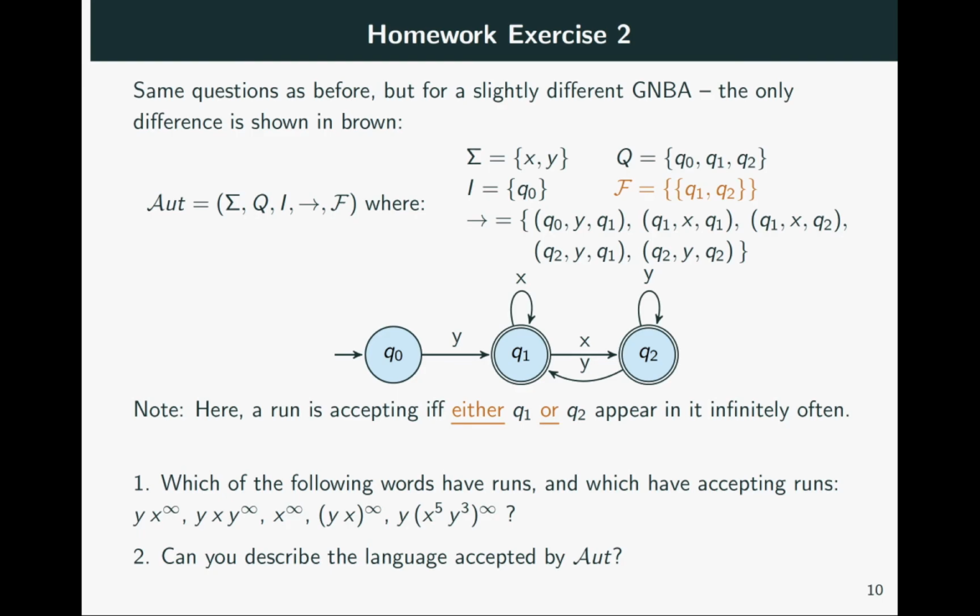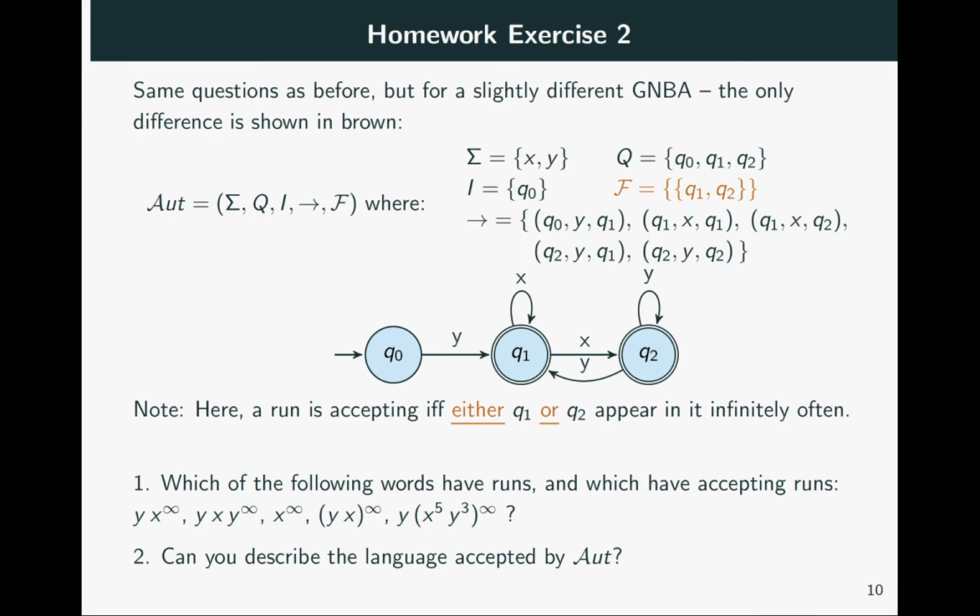The second exercise asks the same questions for a GNBA that is slightly different from the previous one, where the difference, shown in brown, affects the accepting sets only. We no longer have two singleton accepting sets, but only one accepting set that has two elements, Q1 and Q2.